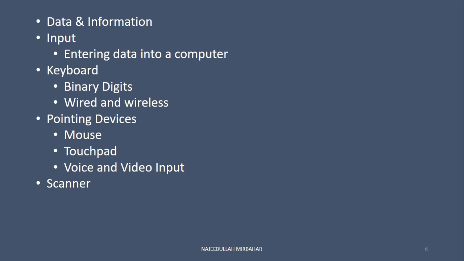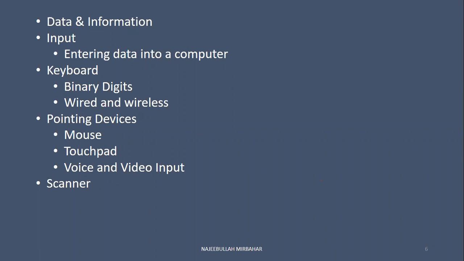Okay, input means entering data into a computer through input devices. So the first input device is the keyboard. Keyboard works on binary digits. A keyboard contains alphanumeric keys, numbers, and some function keys.